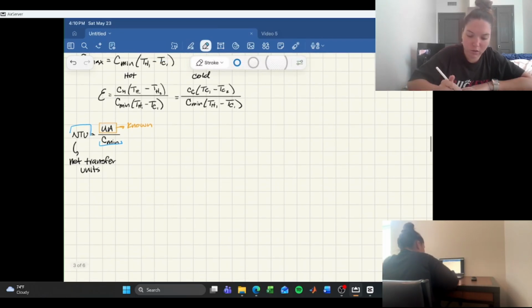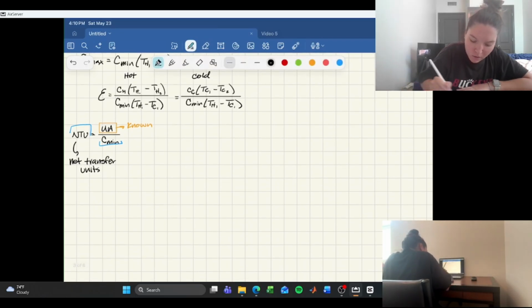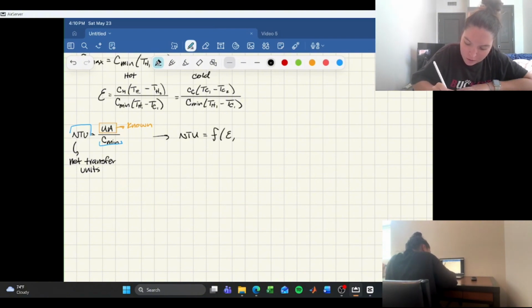And then we also can say that the net transfer units are equal to a function of efficiency and the mass flow rate, the minimum mass flow rate heat capacity over the maximum mass flow rate heat capacity.